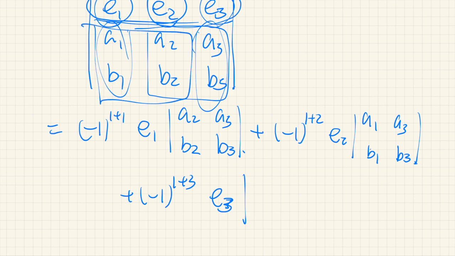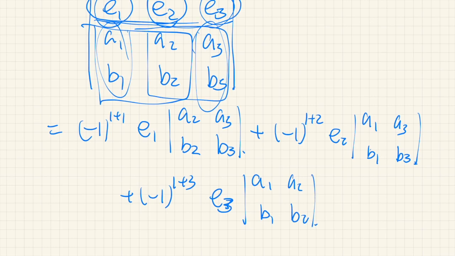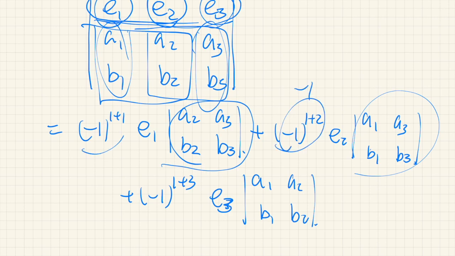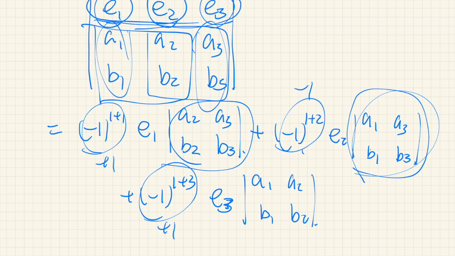And this smaller matrix is here, A1, A2, B1, B2. So this becomes the first component, and this times this, so that's negative sign here. So this becomes negative 1, and this becomes positive 1, and this is positive 1. So this sign times this thing is the second component, and this sign times this thing is the third component.